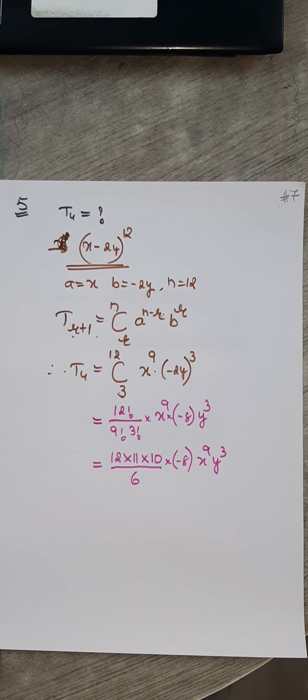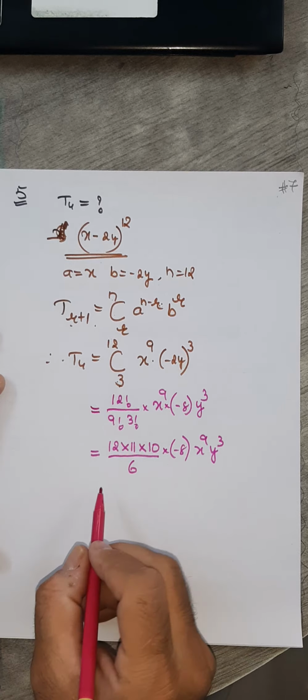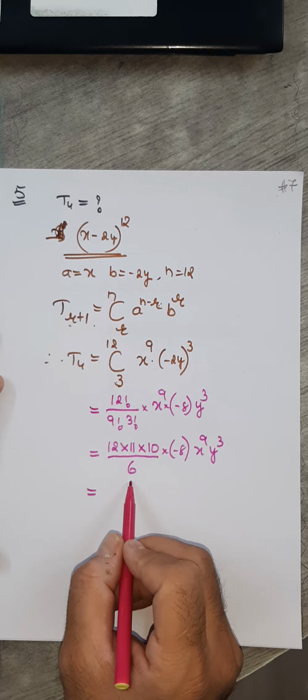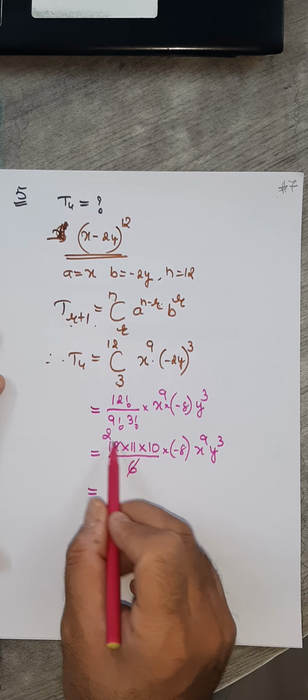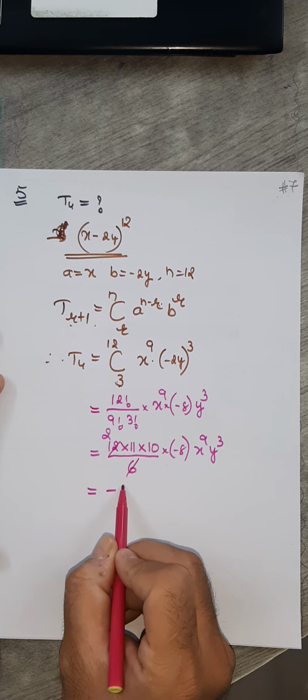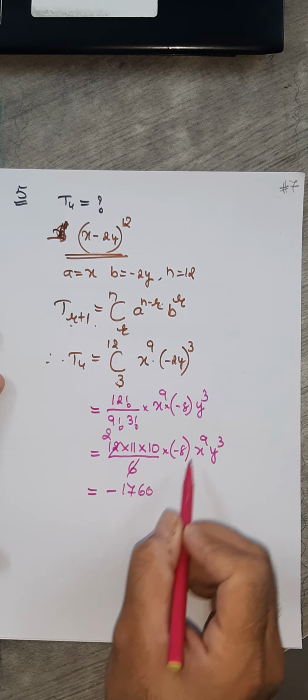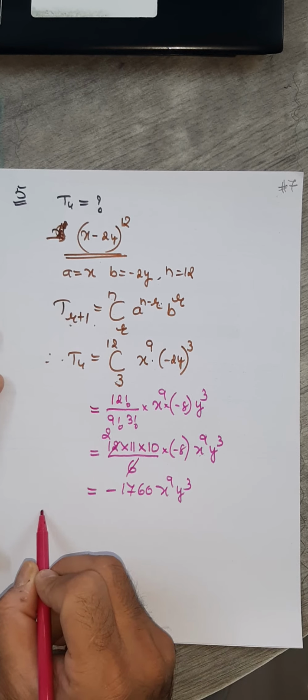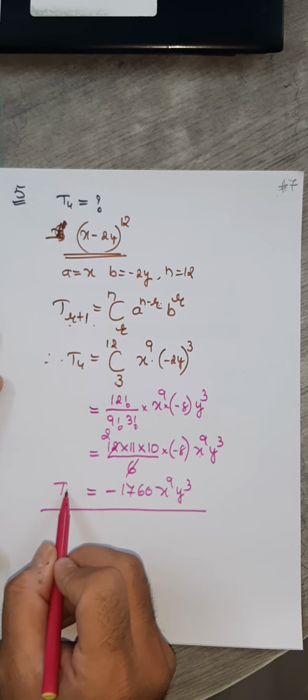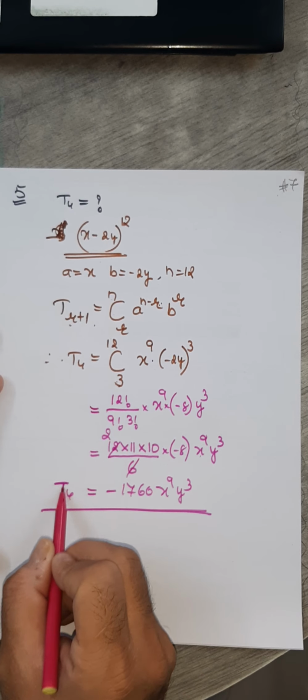So here, finally, let's simplify this. Minus sign is there. 6 2s are 12 here. You just multiply these two, so you'll get minus 1760, x raised to 9 as it is, y cube as it is. This is nothing but which form? T4, fourth term.